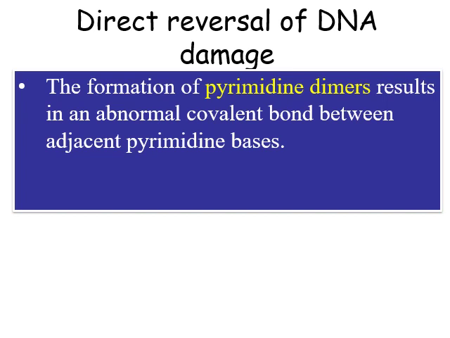The formation of pyrimidine dimers results in an abnormal covalent bond between adjacent pyrimidine bases due to exposure to UV light.